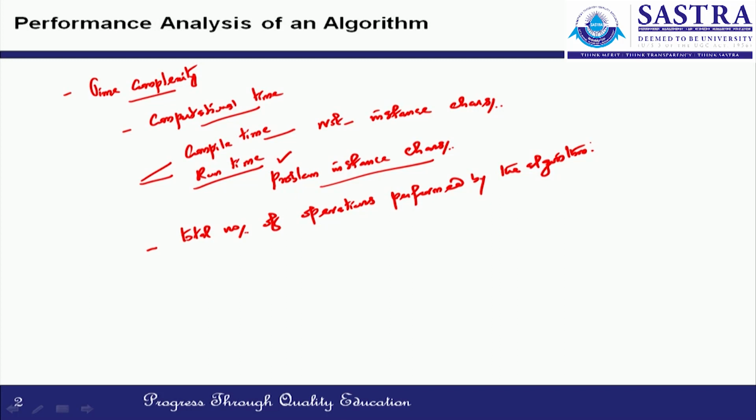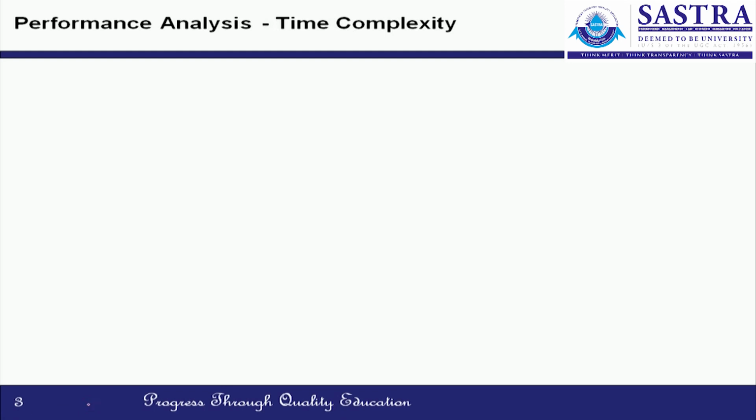To find the total number of operations performed by the algorithm, let us define the notation Tp of n. T indicates the time complexity.